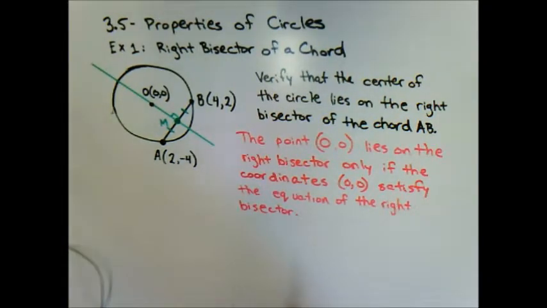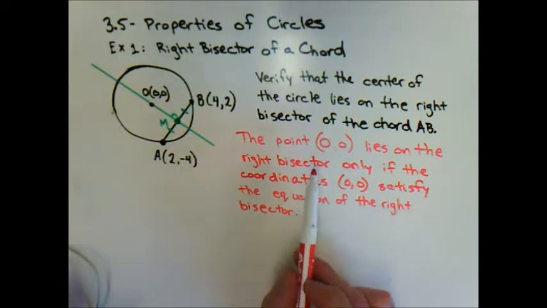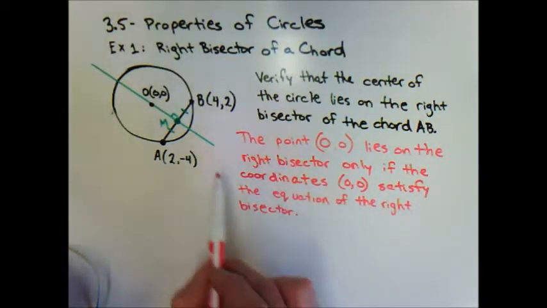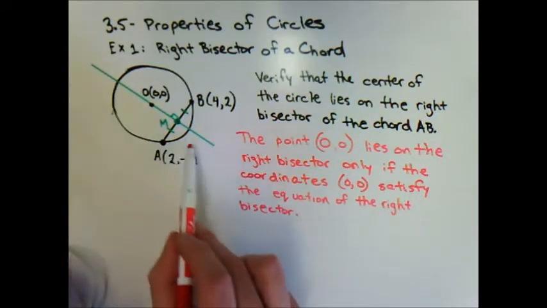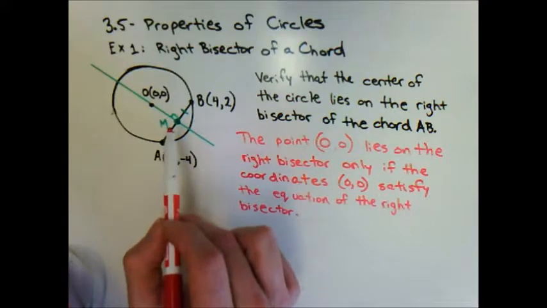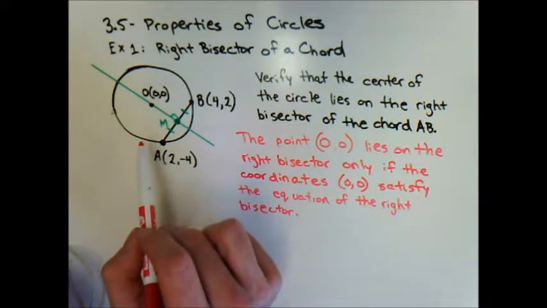So that's what we really have to find out. We need to know if the point 0, 0 is going to satisfy the equation of the right bisector. If it does satisfy the equation, then it's on it. If it doesn't, it's not on it.